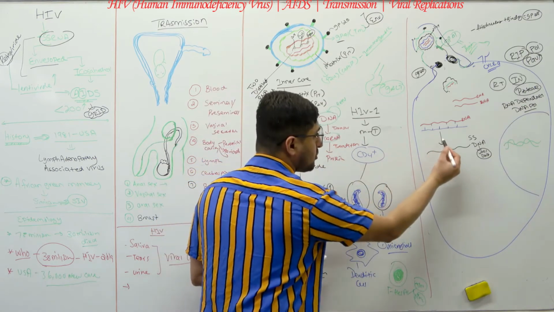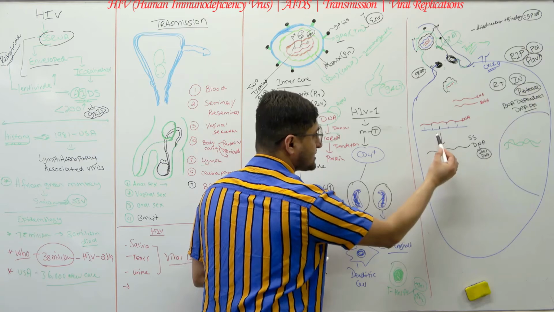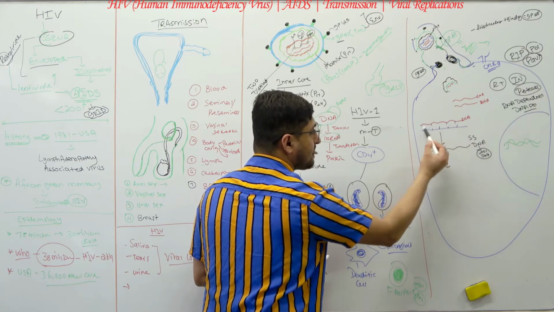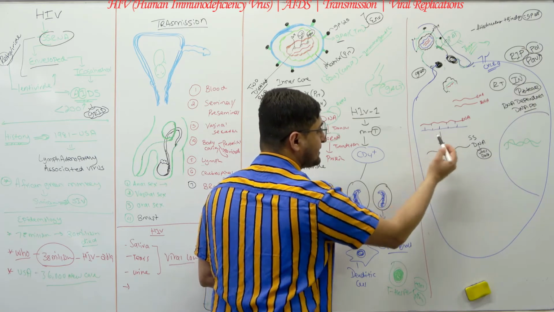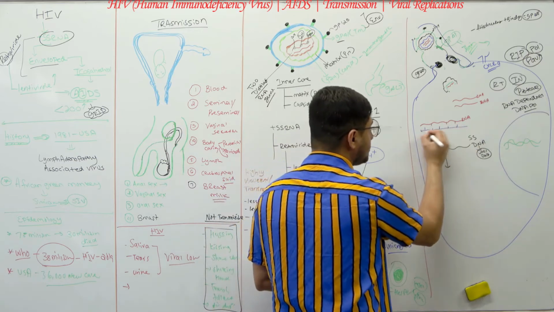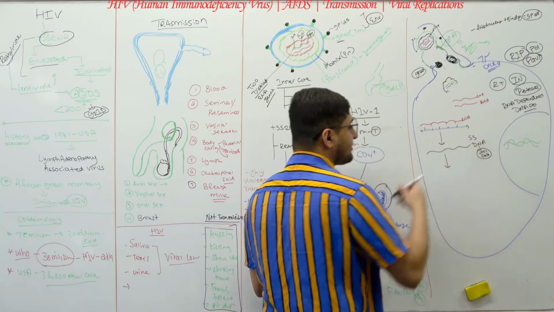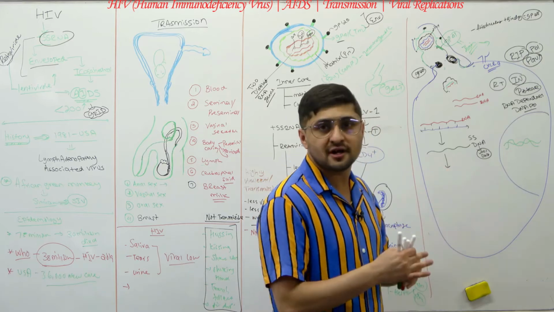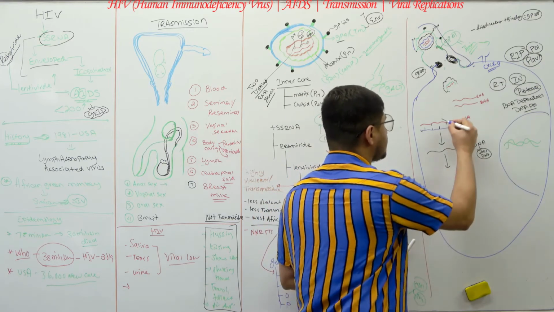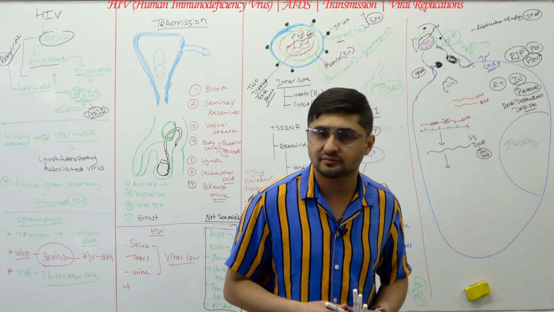Remember, this whole concept is the reverse transcriptase. It reads the RNA and makes a complementary strand. Then after that, it uses this DNA to synthesize single-stranded DNA, and this reverse transcriptase clips and removes this RNA genome. That's what it does, right?